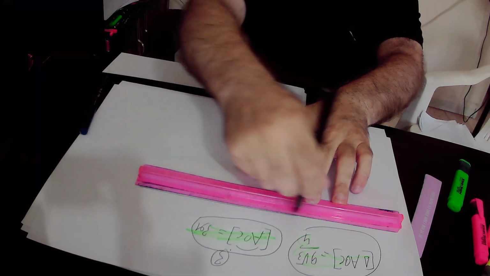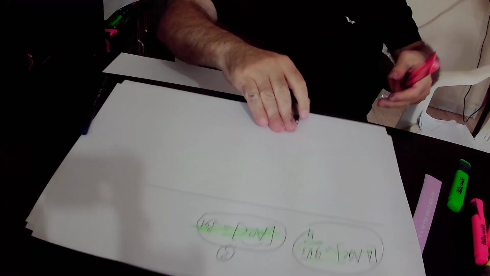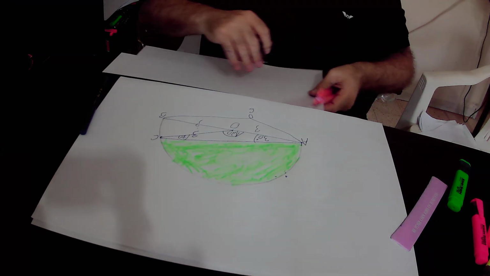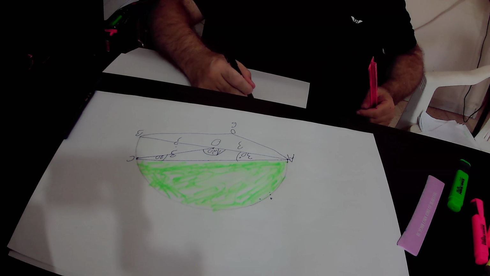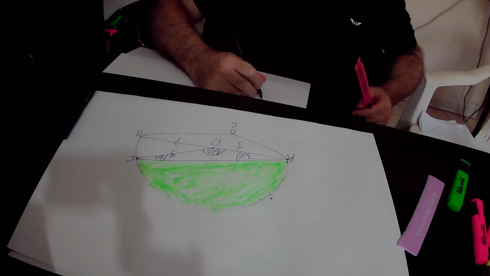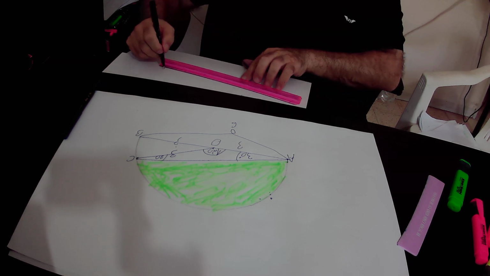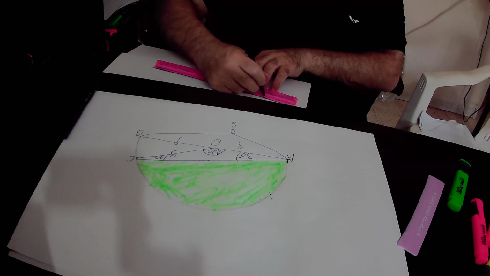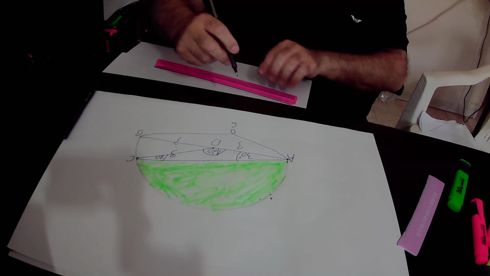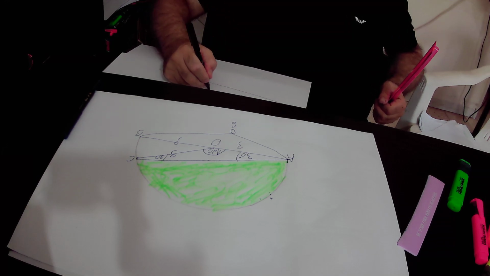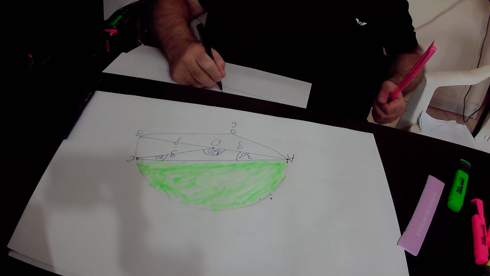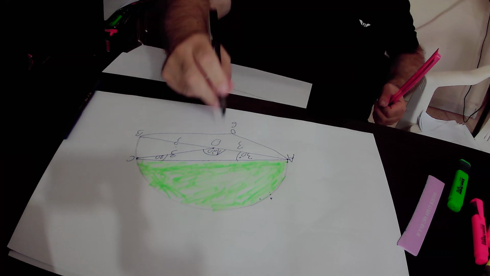From the drawing, it is very easy to see that the area of this green shape will be equal to the area of sector AOC minus the area of triangle AOC.